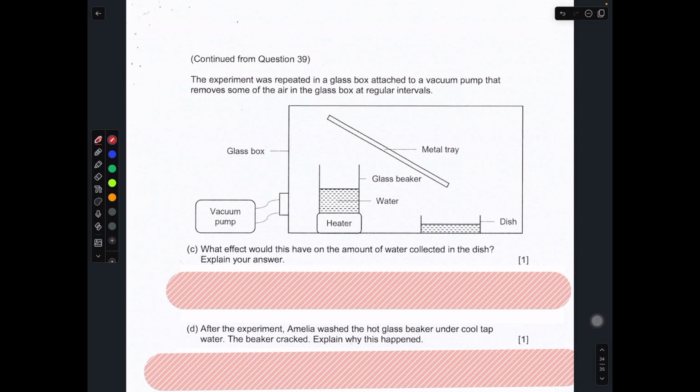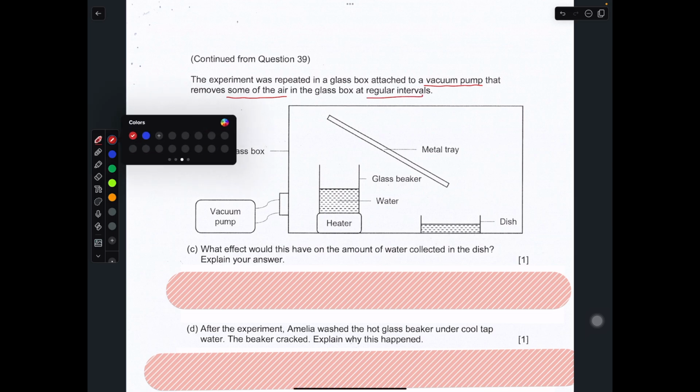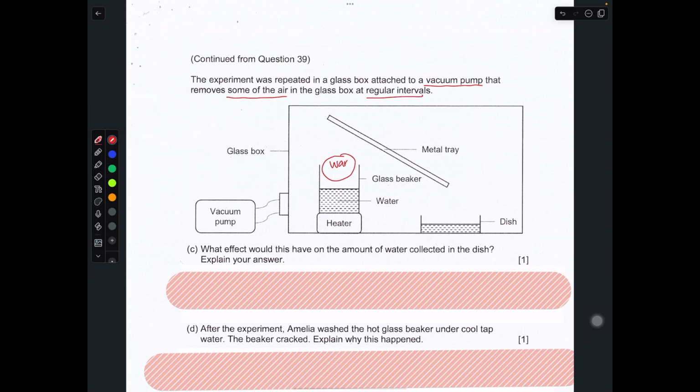Okay, the experiment was repeated in the glass box attached to a vacuum pump that removed air from the glass box at regular intervals. So this warm water vapor that actually came out from the evaporation process will be removed, okay, by the vacuum pump into the surrounding. So when this happens, it will have less warm water vapor to begin with, at least in the container itself.